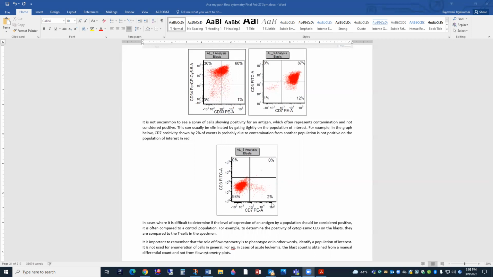But see what percentage it is, and if you want, you can even gate this separately and see what other markers it expresses, to correlate whether it is significant or not. But anything that you see like a spray that is so distinctly away from your main population is most likely just contamination from other gates.